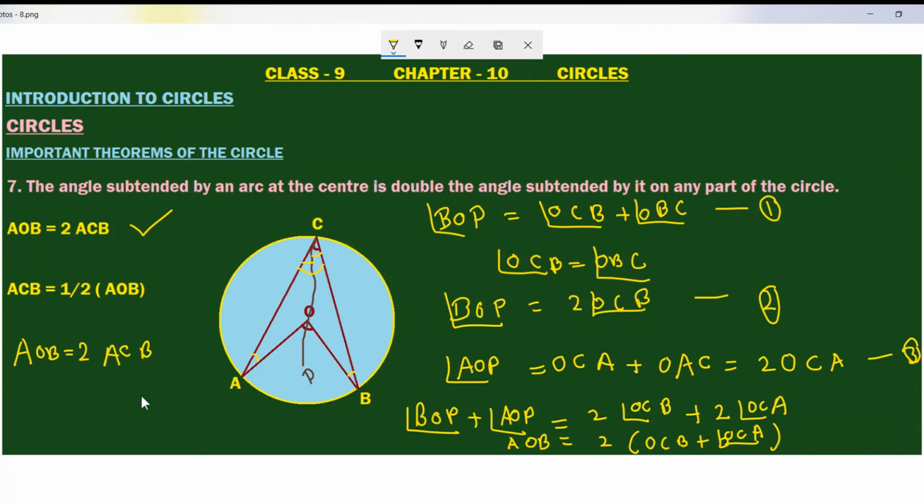So that the angle subtended by an arc at the center will be double of the angle subtended by the same arc at any point on the circle. Got it? Hence we have proved. From this equation we can bring this. Half of this angle would be half of AOB. That's it. Let's move on to next theorem.